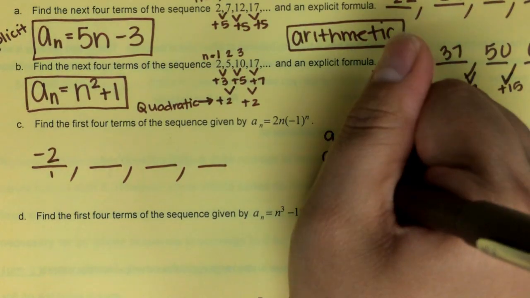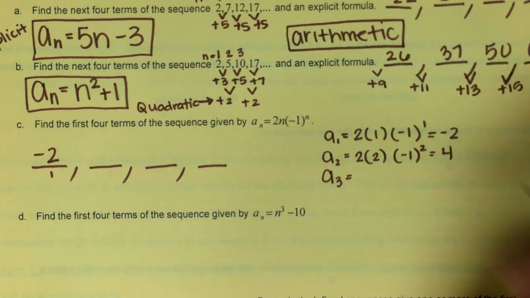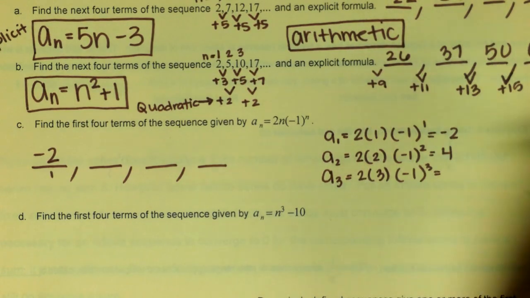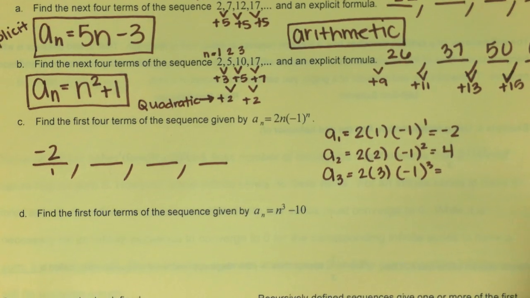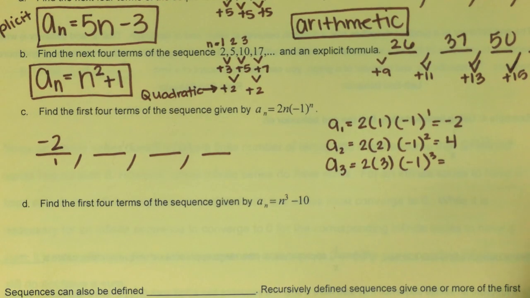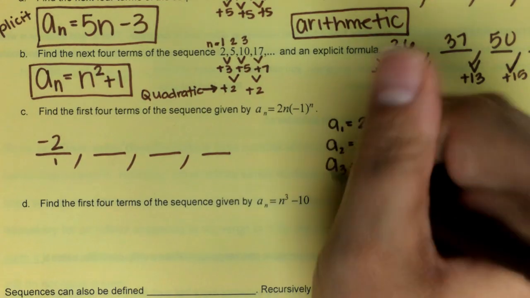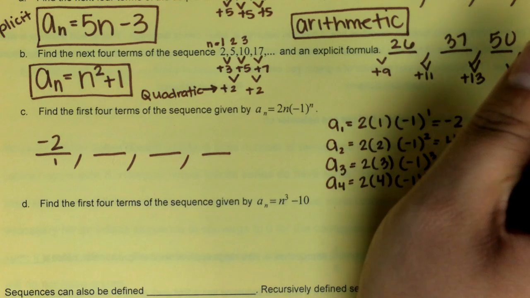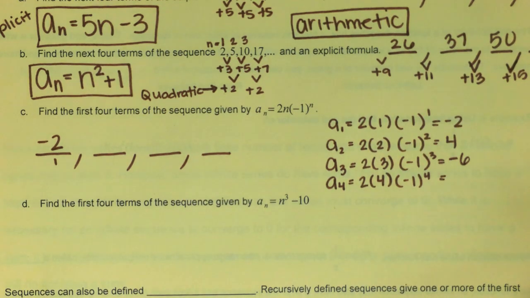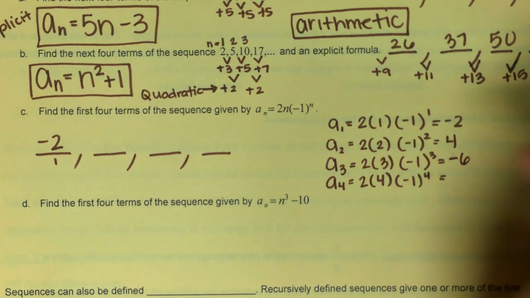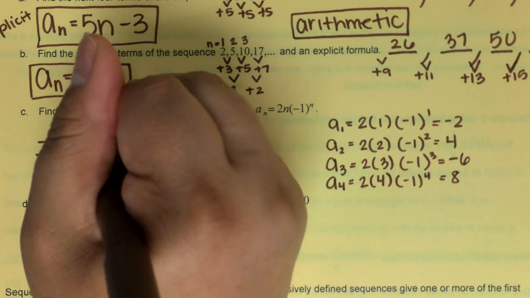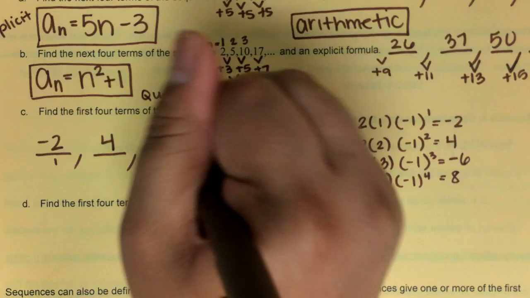What is the equation? 2 times 3, negative 1 to the third: negative 6. And then 2 times 4, negative 1 to the fourth. So negative 2, 4, negative 6, 8.